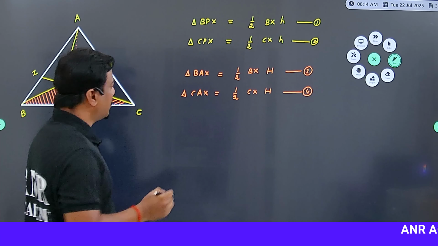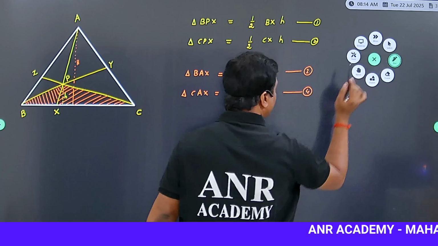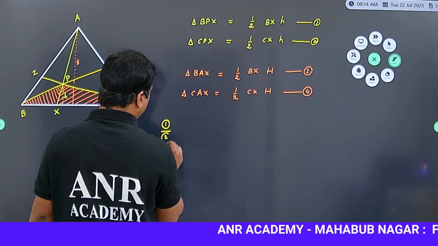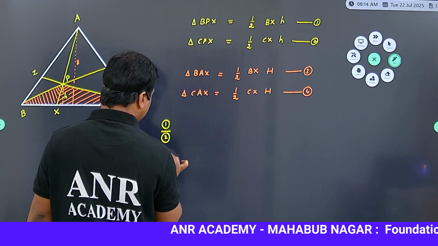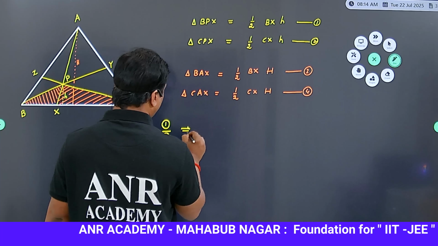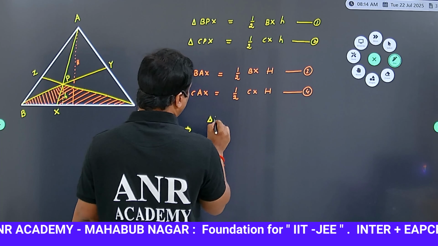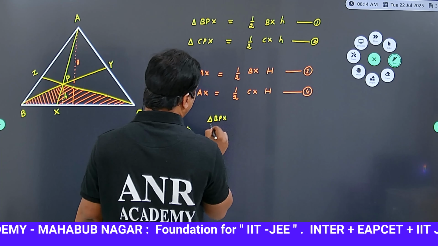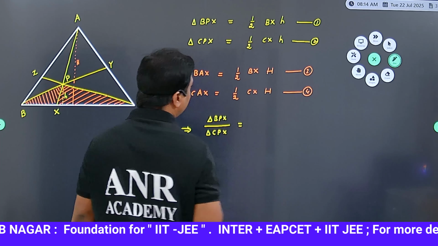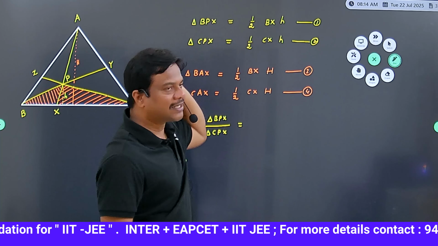Now divide 1 with 2. Apply 1 by 2 as well as 3 by 4. What happens? Observe. 1 by 2 implies delta BPX divided by delta CPX is equal to the ratio of these two. h and half get cancelled.